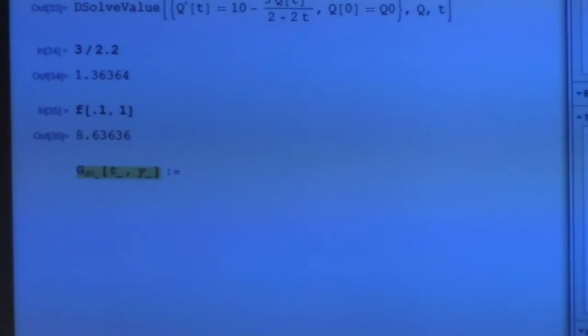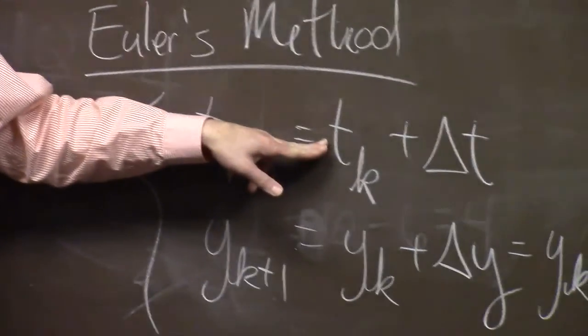I forgot I put curly braces around t and y. G is going to represent the iteration of this system of recursive equations. G is actually going to be a function that takes two inputs, t and y, and gives you two outputs given by these two expressions. Though I'm not going to use the subscripts here. I'm just going to use t and y.